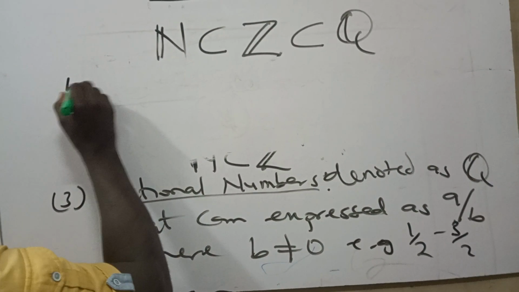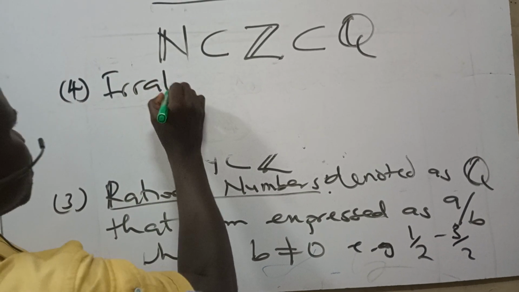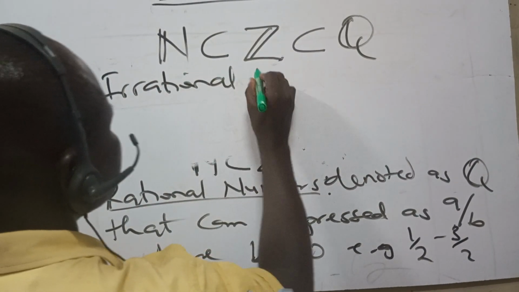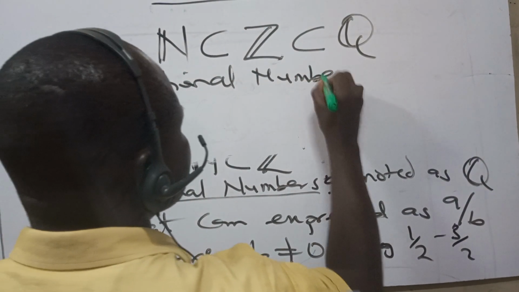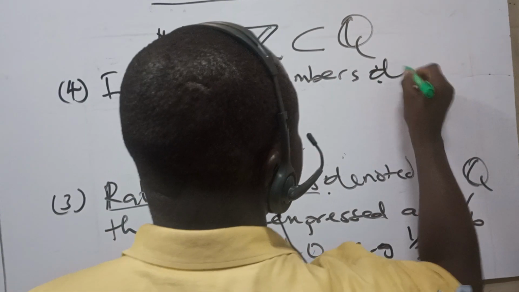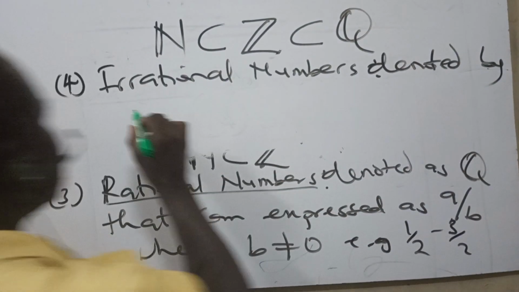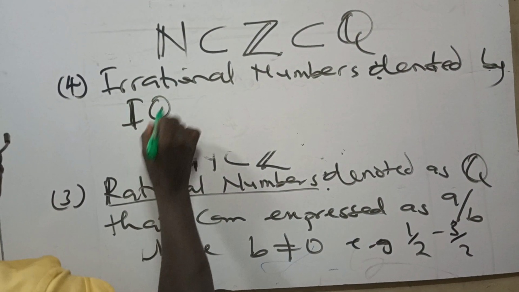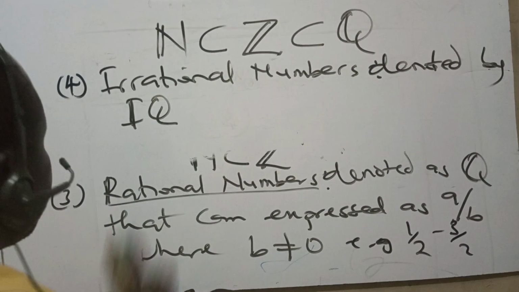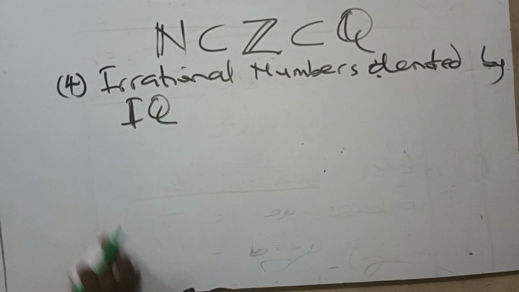Then there's this other set of numbers called the irrational numbers. Though these numbers are not well pronounced in mathematics, that doesn't mean we should not talk about them. Irrational numbers are denoted by IQ. So what are irrational numbers?